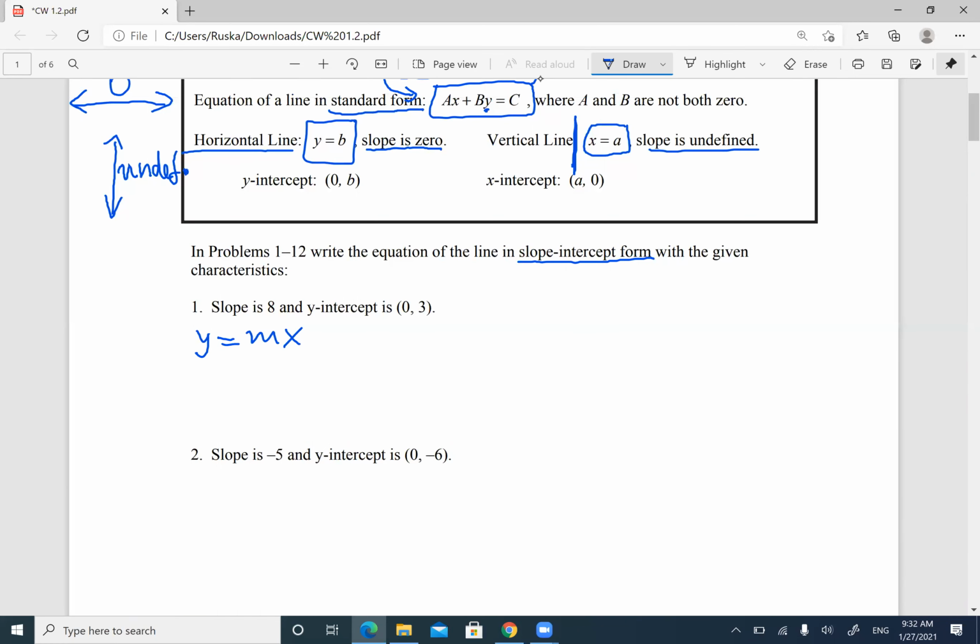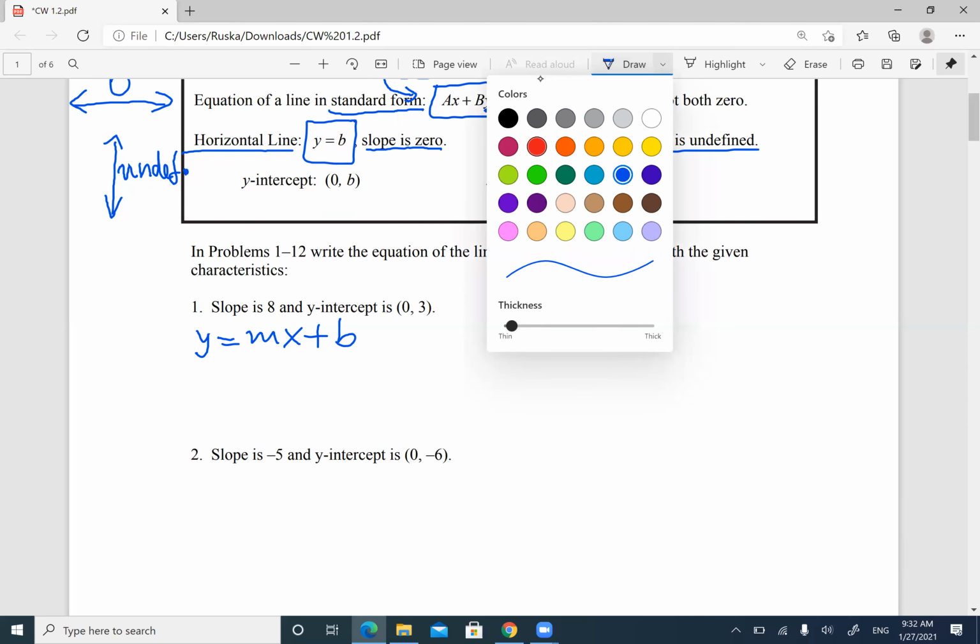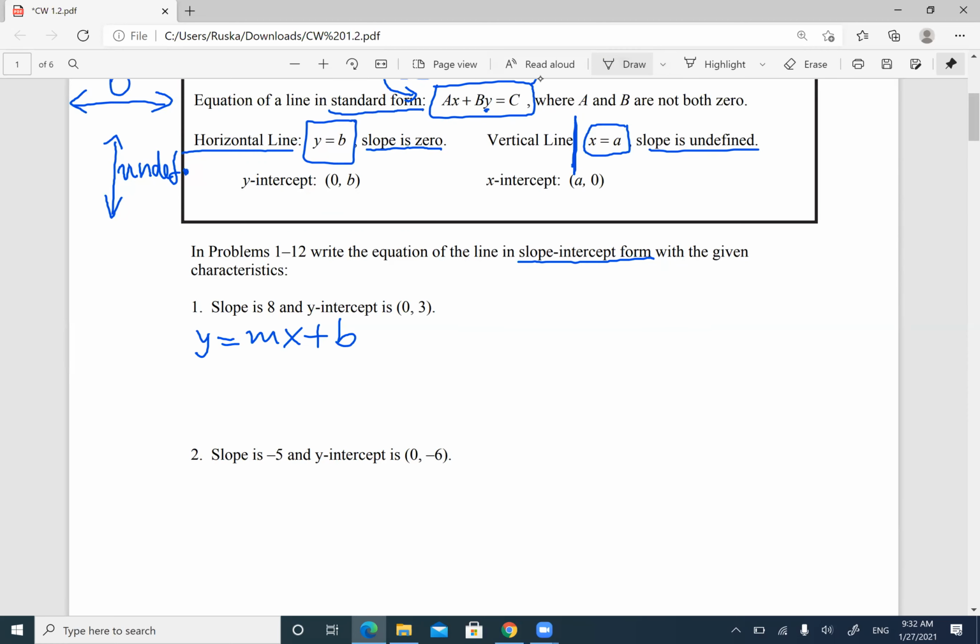I'm just gonna give you the formula here. And then what is given? The slope is m, right? In this formula, this is m, it is 8. And the y-intercept is b, right? So you're gonna get b from the number here. What is the number for b?